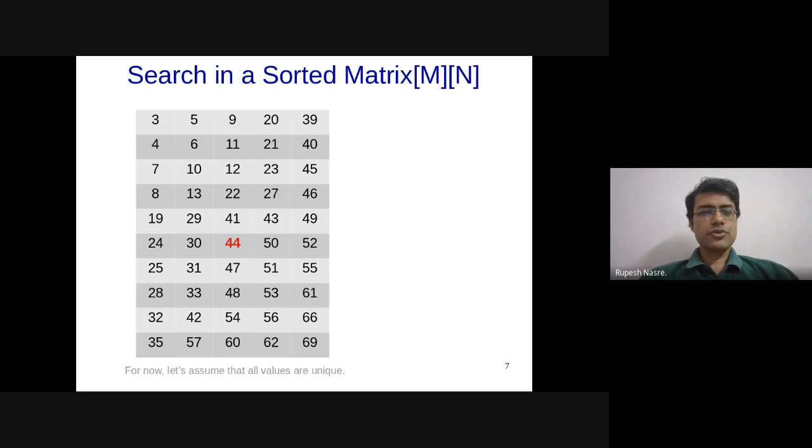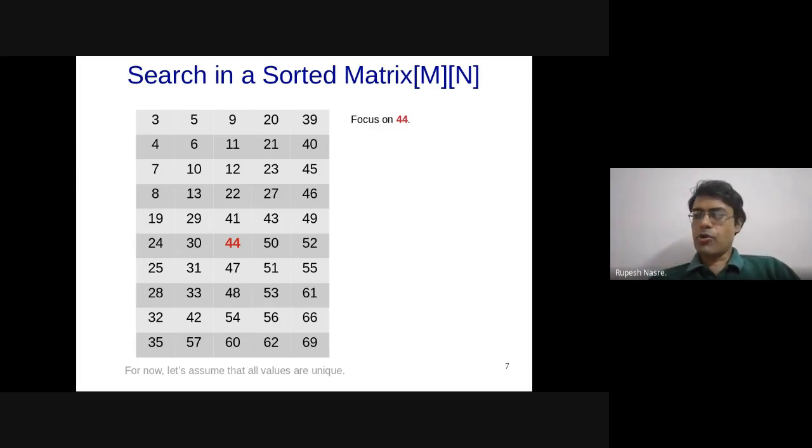Okay, so coming back to this matrix. I hope you are able to visualize this. So consider this our favorite number 44, right? In binary search, we came to page number 44. In this case also we'll look at the number 44, which is going to be somewhere in the middle.